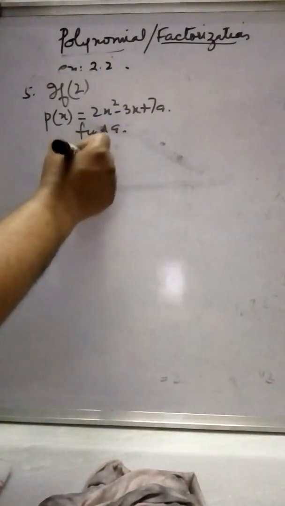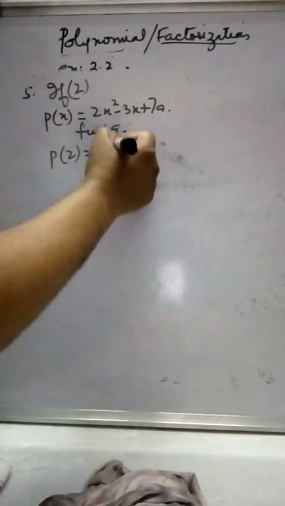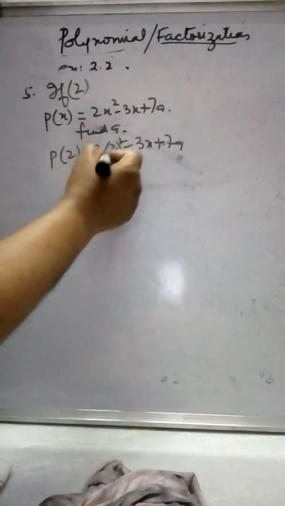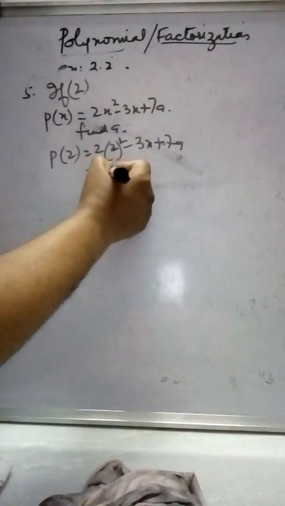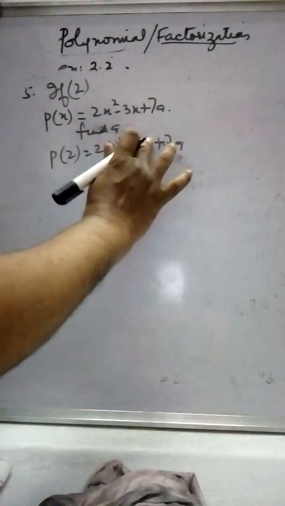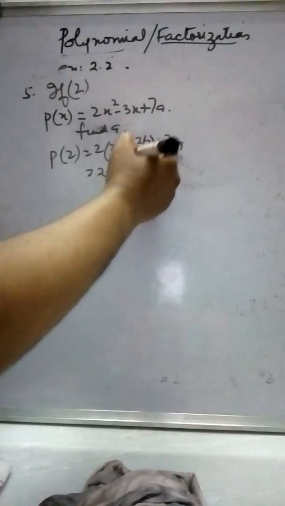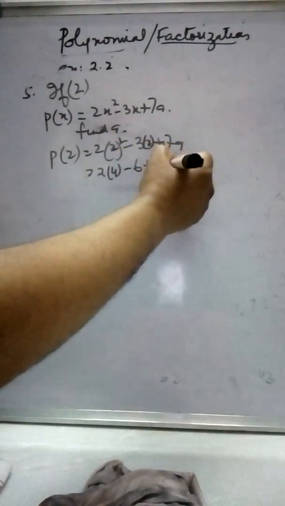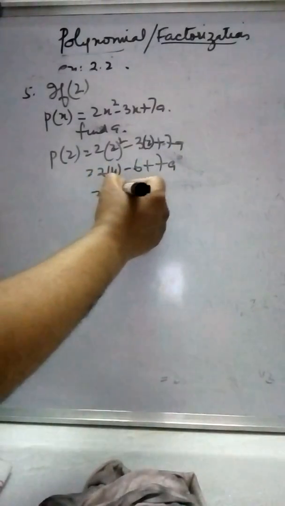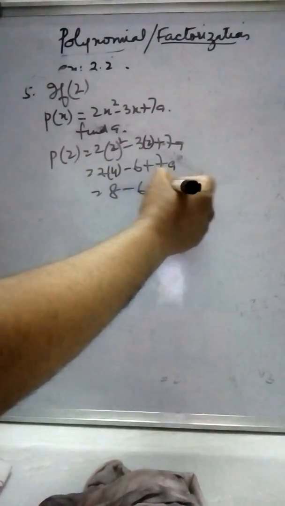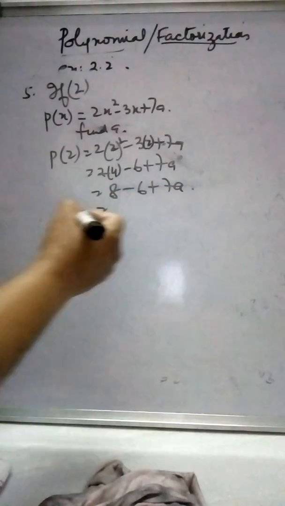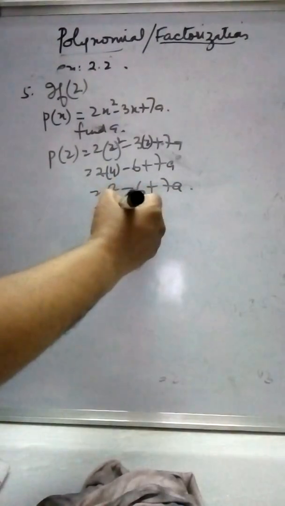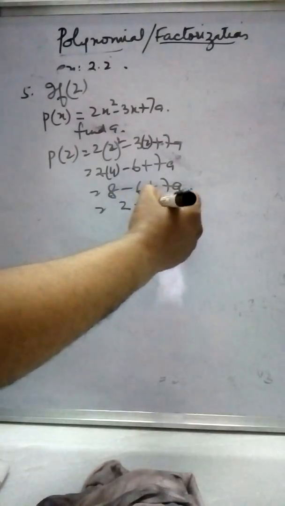So p of 2 is equal to 2 into 2 square minus 3 into 2 plus 7a. 2 square means 4. 2 into 4 minus 3 into 2 is 6 plus 7a. So 2 fours are 8 minus 6 plus 7a. 8 minus 6 is 2 plus 7a.